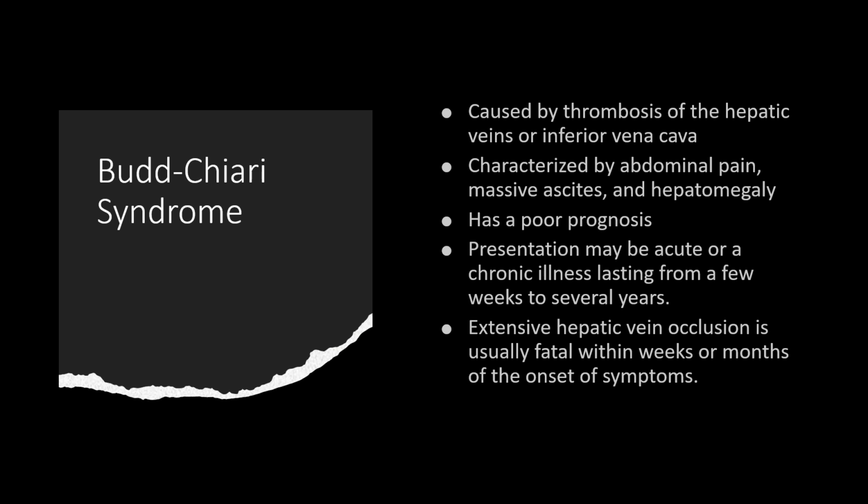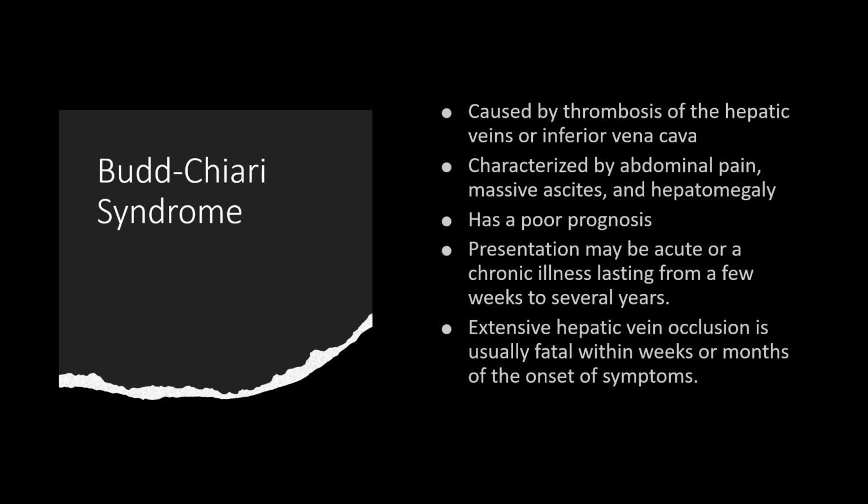It's an acute problem most of the time. It can be chronic, but most often it is acute, and it's characterized by abdominal pain, massive ascites because the liver becomes congested quickly and also fails quickly, and hepatomegaly. Folks with Budd-Chiari syndrome have very poor prognoses.